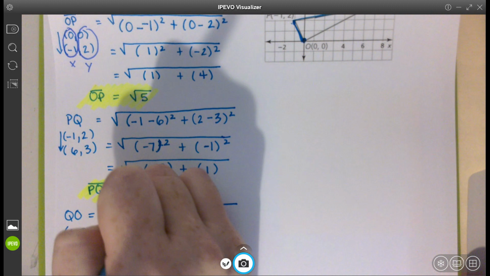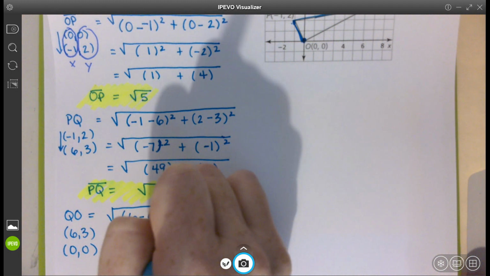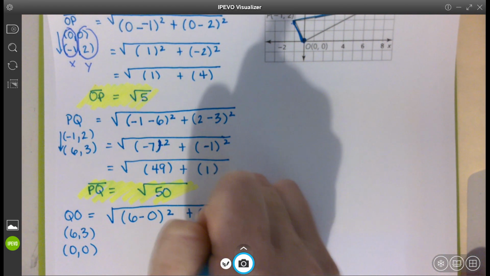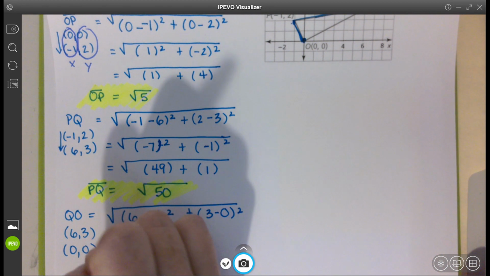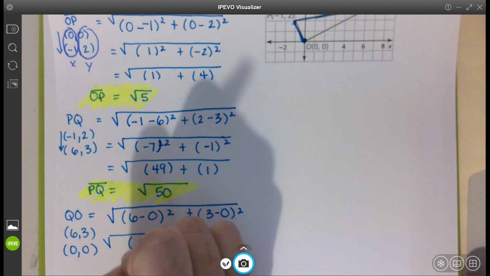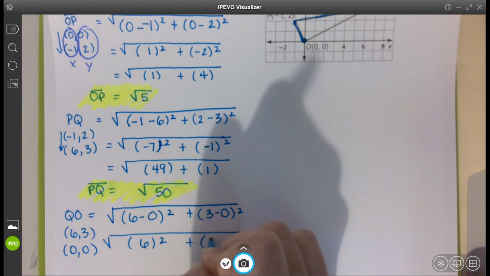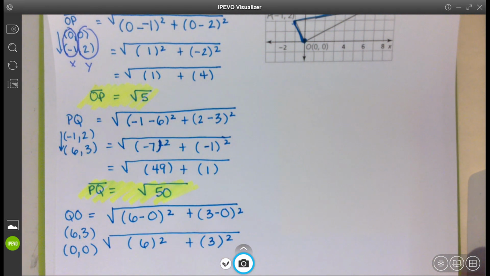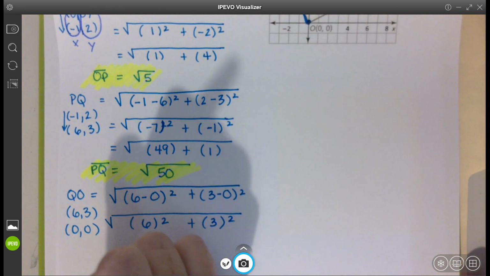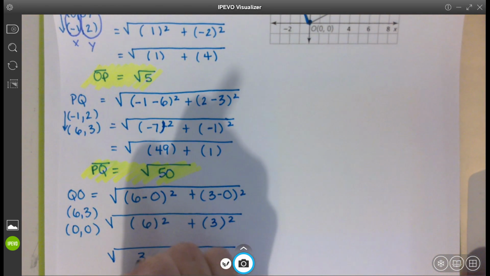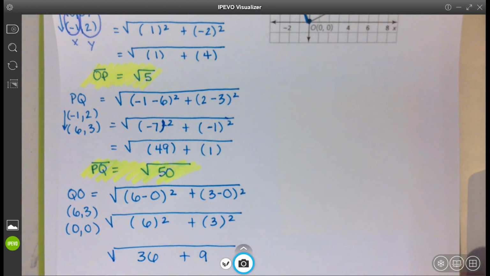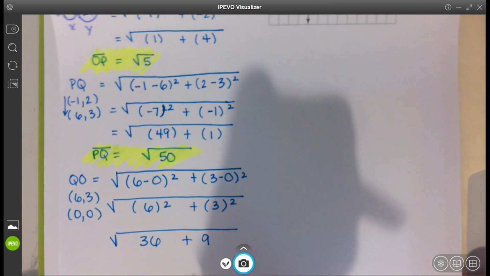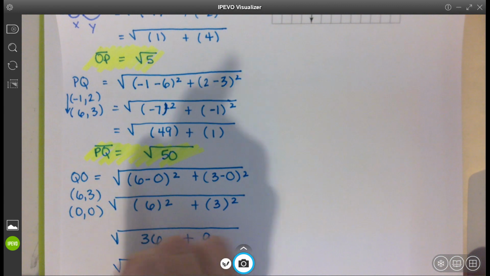Here we have 6 minus 0 squared plus 3 minus 0 squared. Simplify under that radical symbol. Here we have 6 squared, 3 squared. Now I have square root of 36 plus 9. So here we have 36 plus 9 under the radical, making it square root of 45.